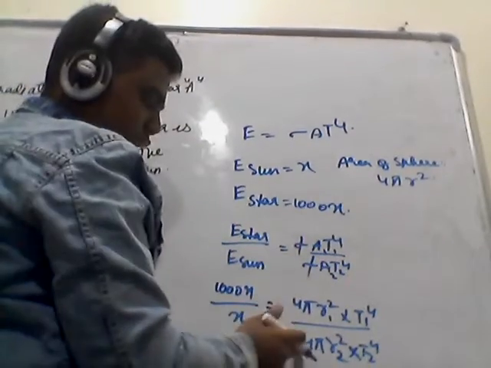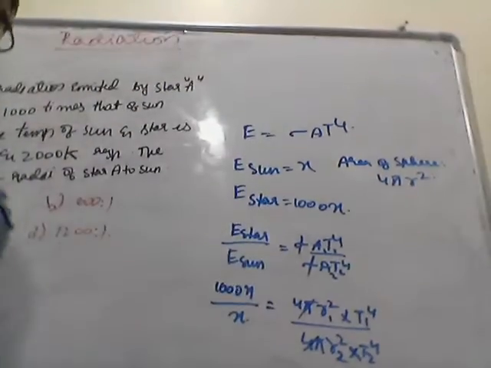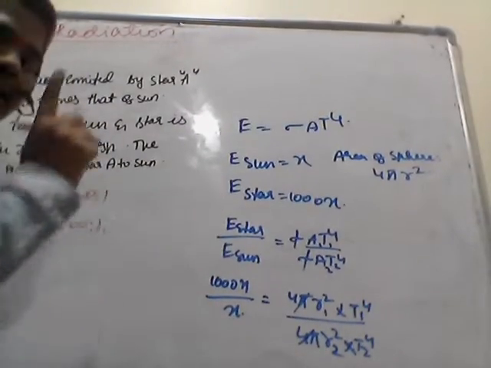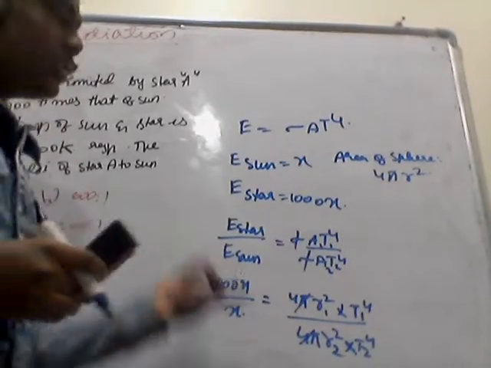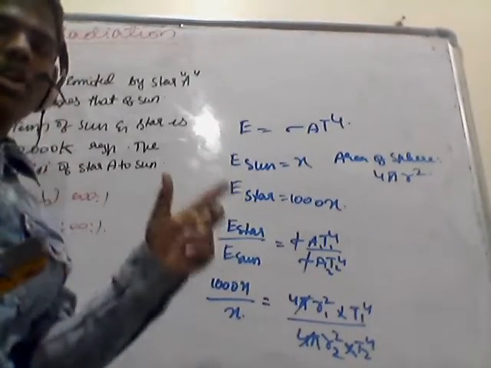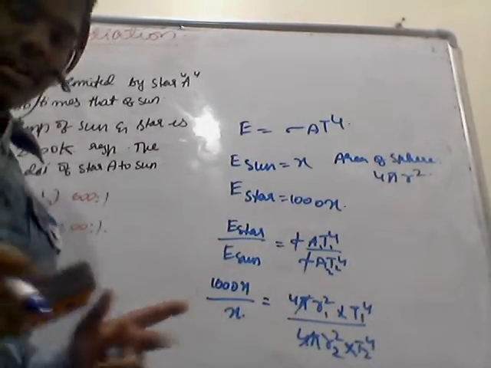Nothing to worry about the pi, because they are the same in numerator and denominator. When area is given we should take radius square. If you do not know the formula for area or volume, no worries: if they give volume, it's r cube; if they give area, it's r square.